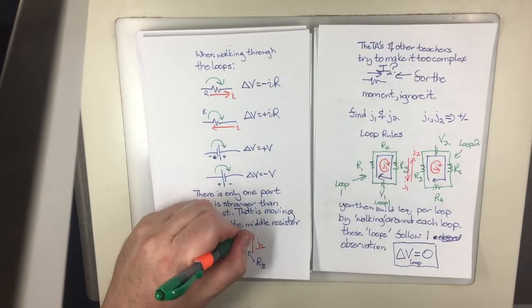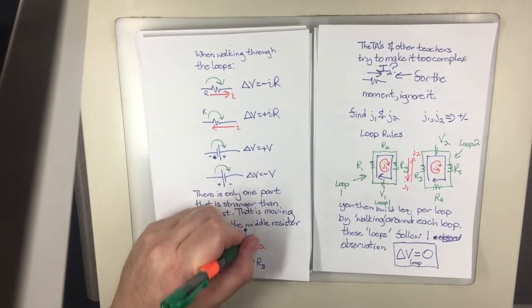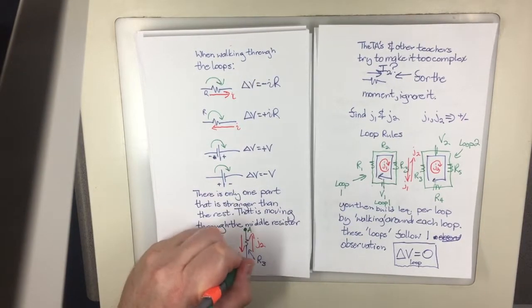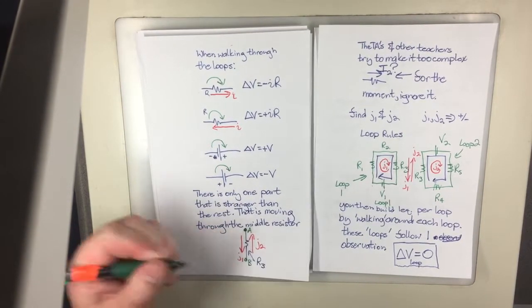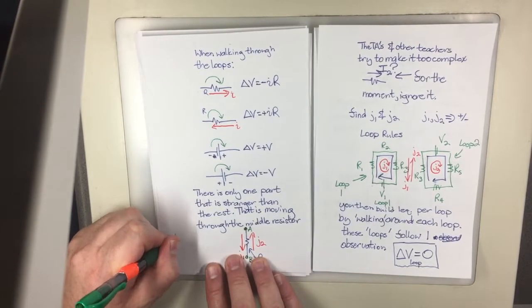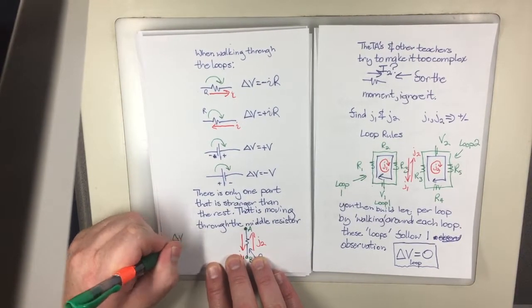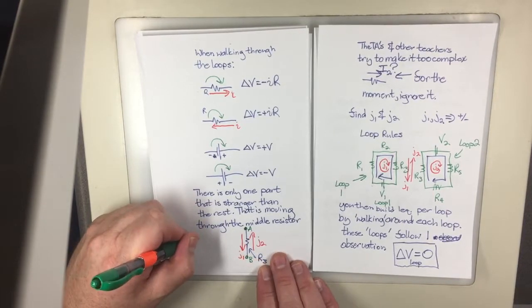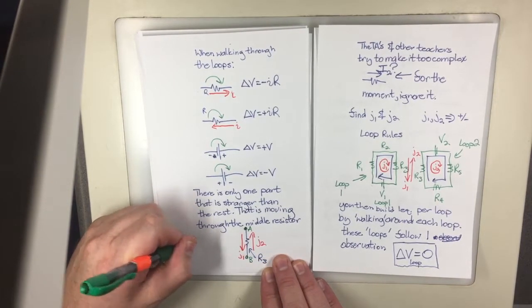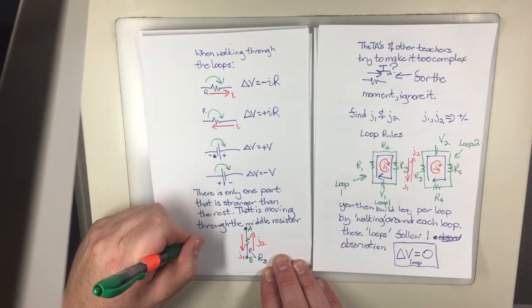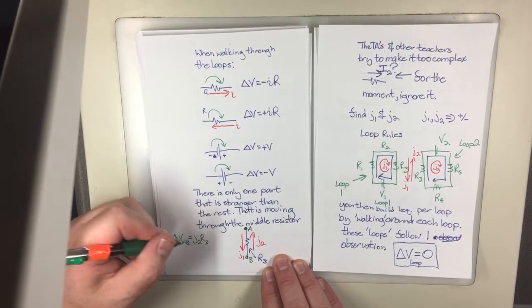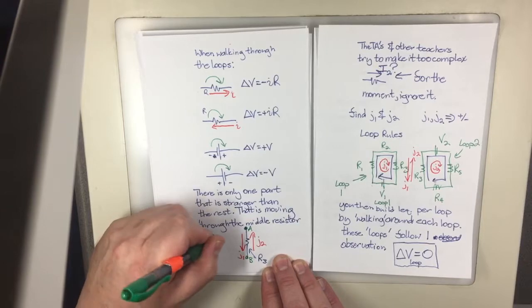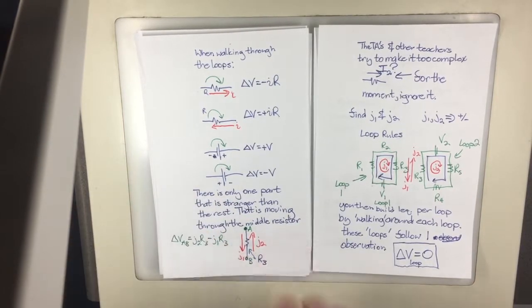So if that is A and that is B, the change in potential from A to B is J2 R3 minus J1 R3.